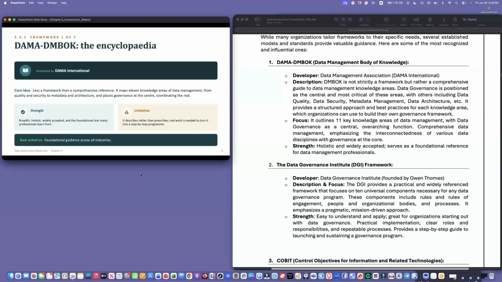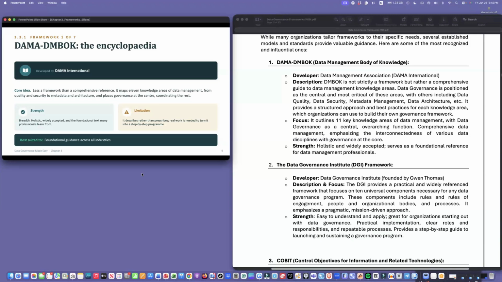Now, DM book is strictly not a framework, but it's more of a comprehensive toolkit that helps you to cover 11 knowledge areas of data management, from the data quality issues to the issues to do with the data management itself. And it doesn't only just end there. It goes through security, metadata management, architecture, and so many other dimensions.